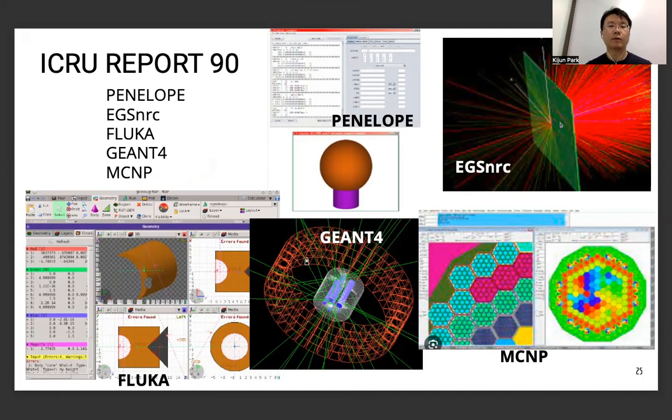They talk about PENELOPE, EGSnrc, FLUKA and GEANT4 MC codes. Those commercialized, simulation-based calculations already take into account these detailed perturbation correction factors and the fluence differences, and provide precise calculations under the intrinsic uncertainty.